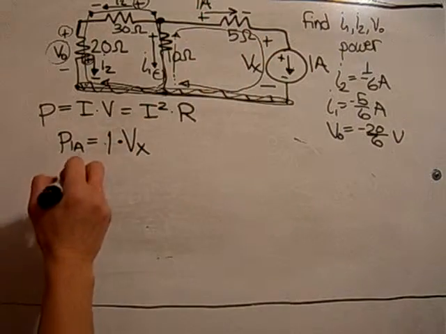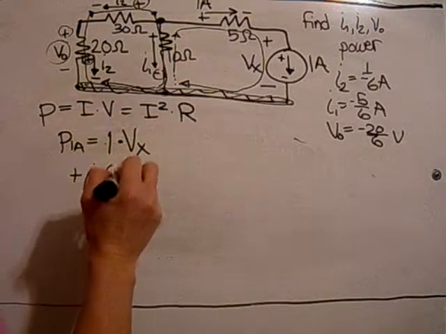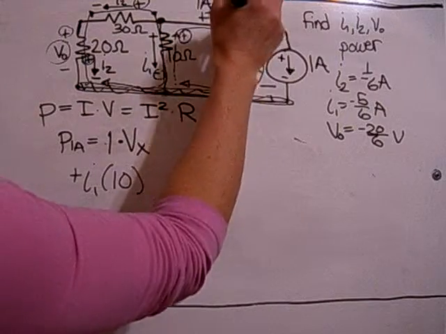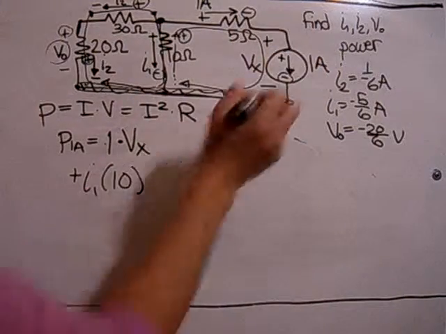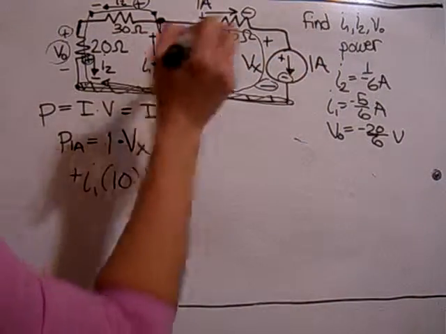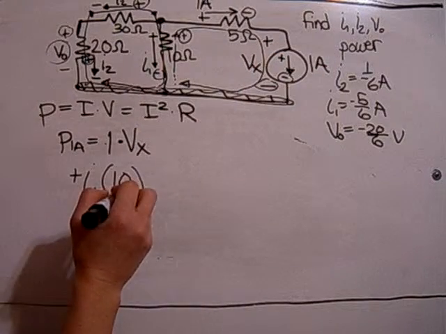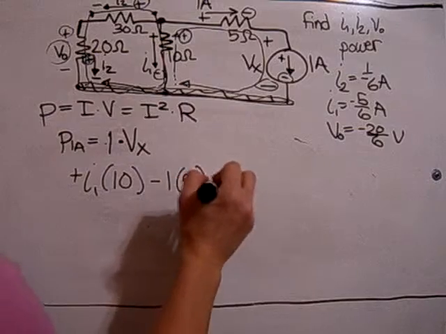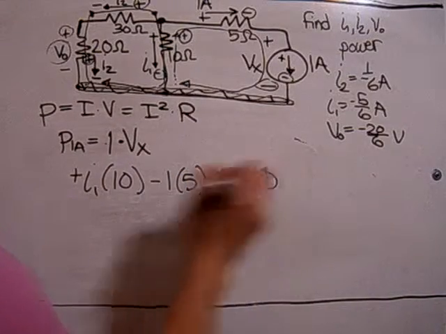Going up would be plus I1 times 10. Here I go through, the top sign on there was the positive, here's a negative, and here's a negative. So plus, negative, negative: plus I1 times 10, negative 1 times 5, negative Vx equals 0.